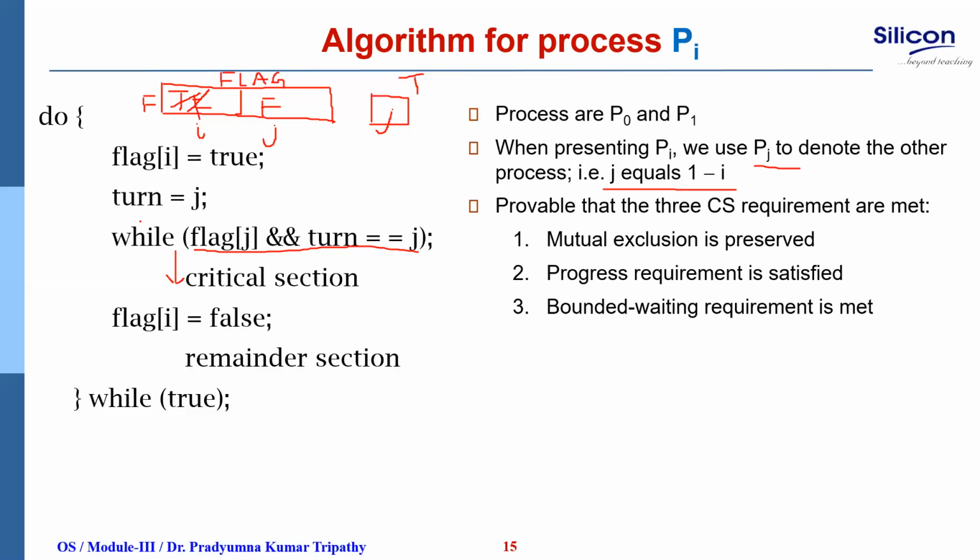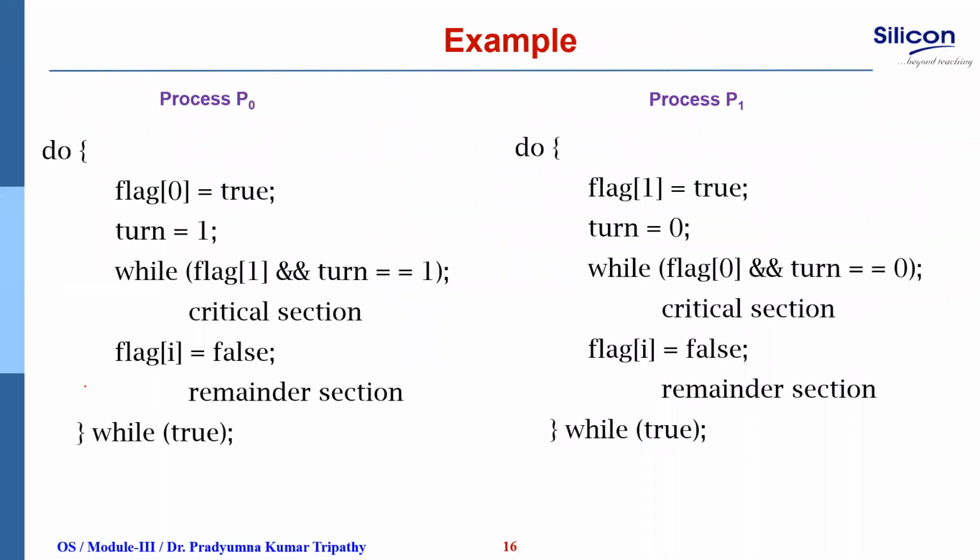Now we'll see how it will ensure that two processes cannot enter into the critical section. The same code is being used by both the processes, and we'll see how this code ensures that no two processes can be in the critical section itself. Let us go for two processes, P0 and P1. P0 is executing, P1 is executing.